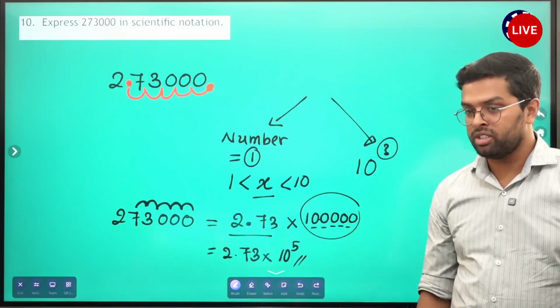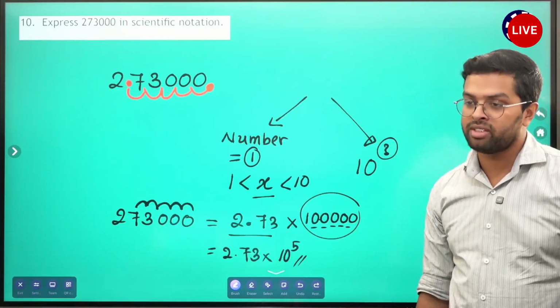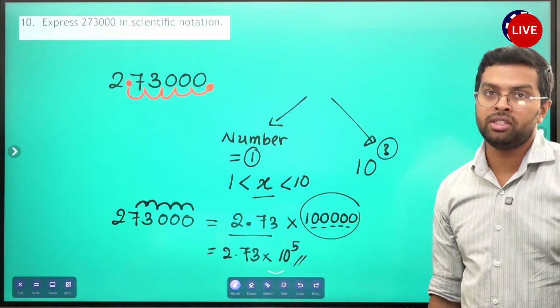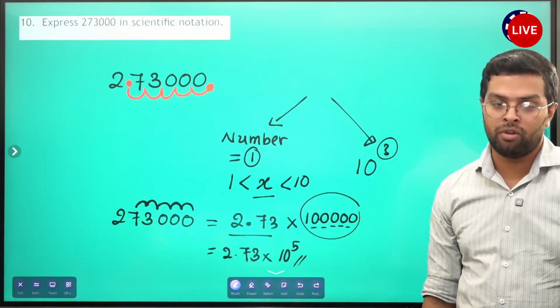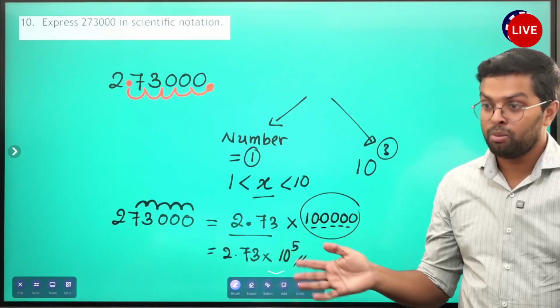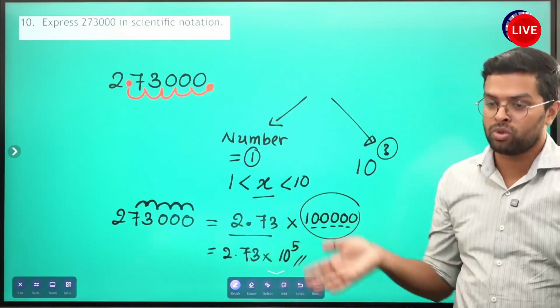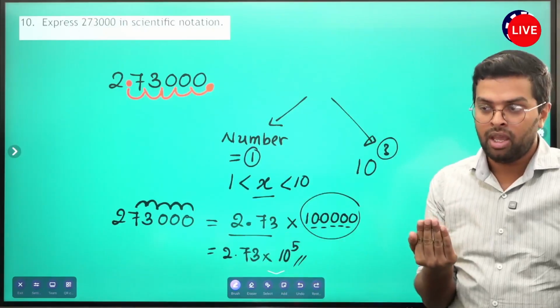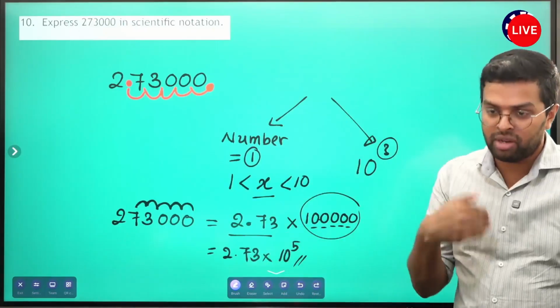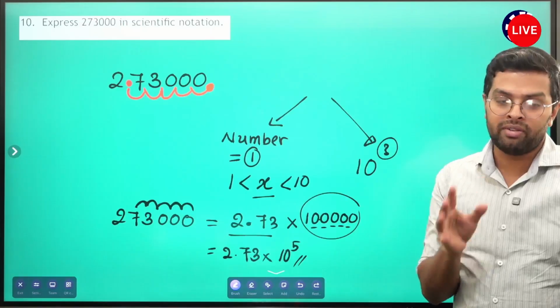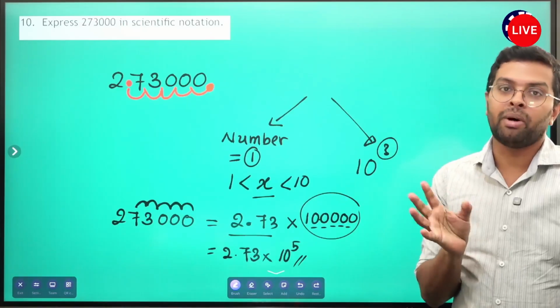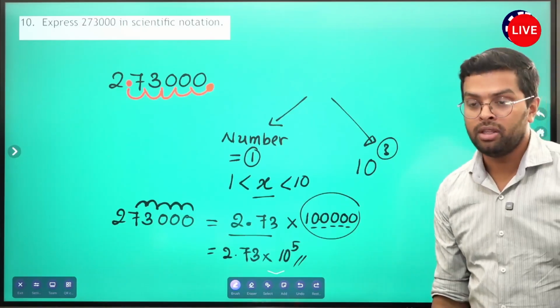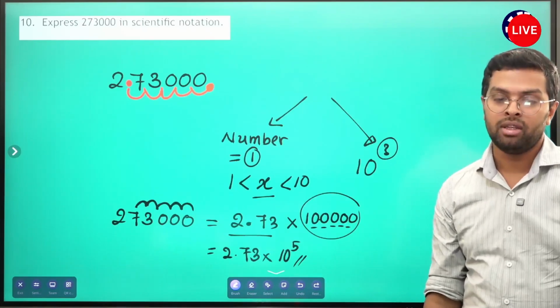I hope the 10 questions which we have discussed refresh your knowledge about what we have learned over the last 6 months. More questions to discuss, more papers to come. We'll do all these questions and papers, sharpen and refresh our knowledge regarding the things we have learned in the past 6 months, and try to get the best possible marks in your term tests.